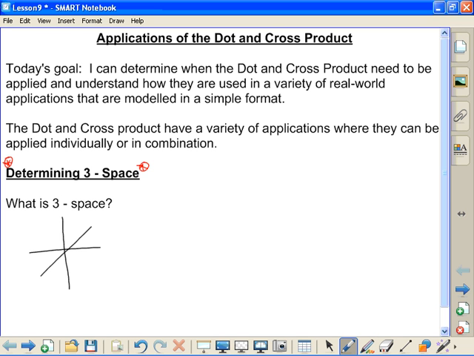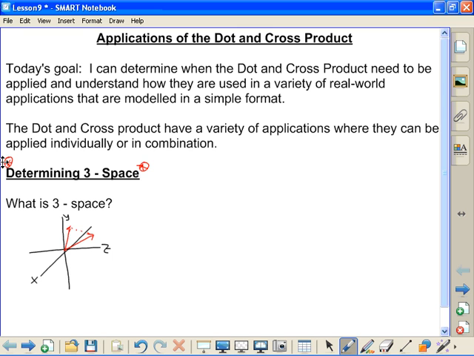If we have a vector that exists only on one plane, so if it's on that XY plane, that's 2-space. What we needed to do is to move off into the Z direction to get 3-space. So 3-space means that it moves off the plane.